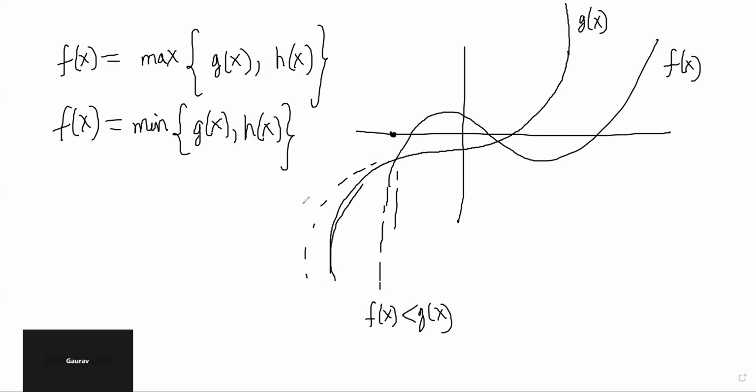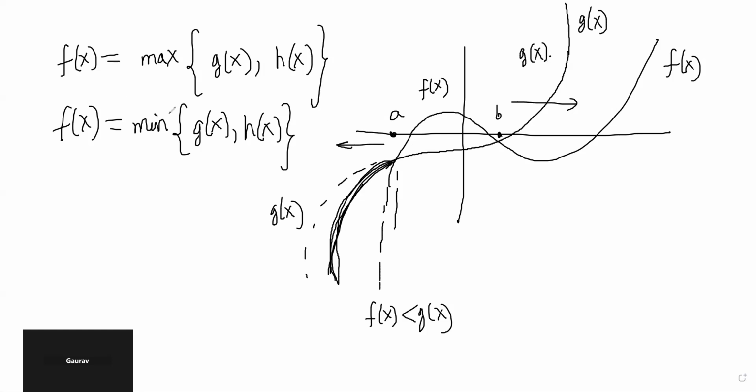So in this part before a, g of x is maximum. Between a and b, let's say this point is b, the maximum is f of x, right? Here it was g of x, here it was f of x. And then again this goes down like this, and g of x is rising much faster. So after b, the maximum is g of x again.